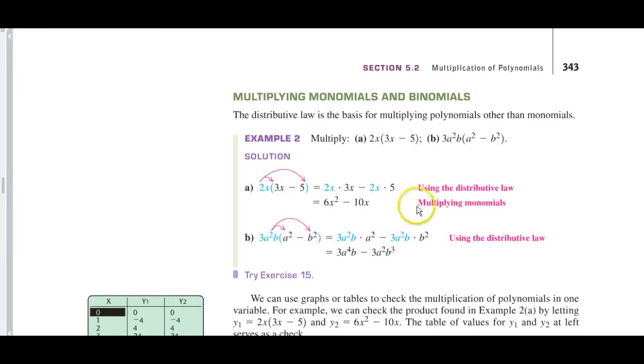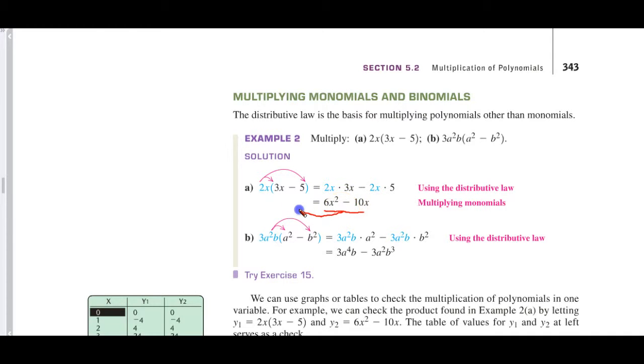Now, an interesting thing that we'll be using a little later in this chapter, we'll be taking this and thinking of it as a product that we got by multiplying something, and we want to factor out the greatest common factor, which happens to be 2x.